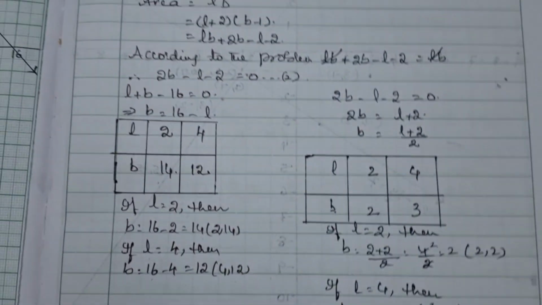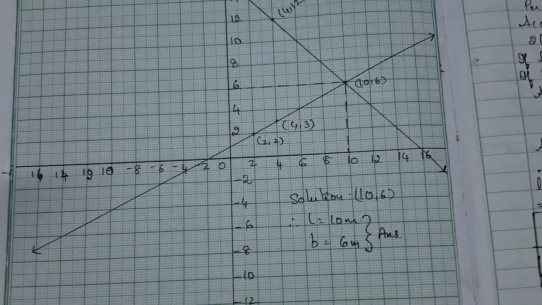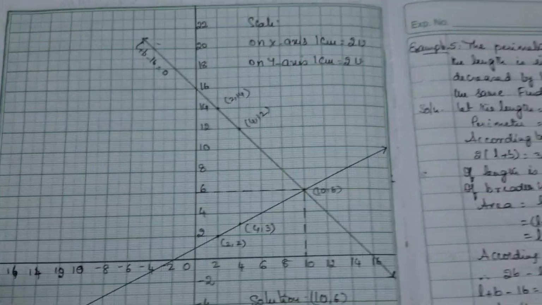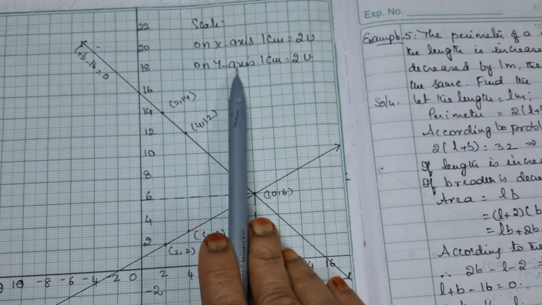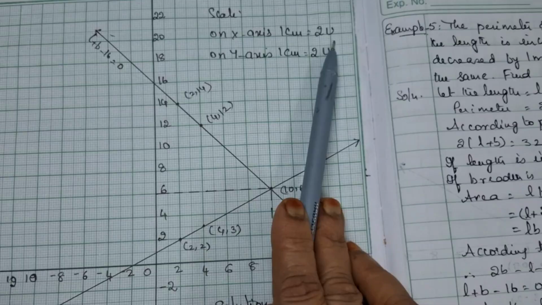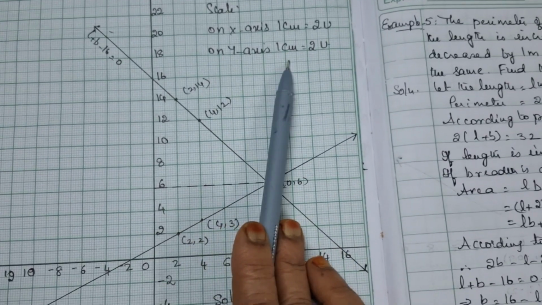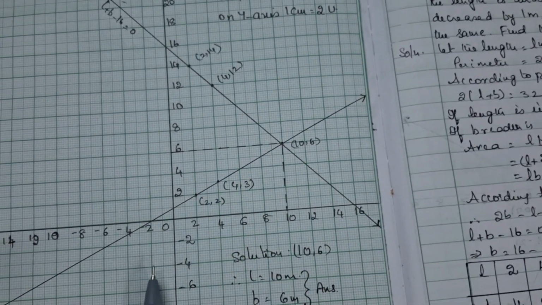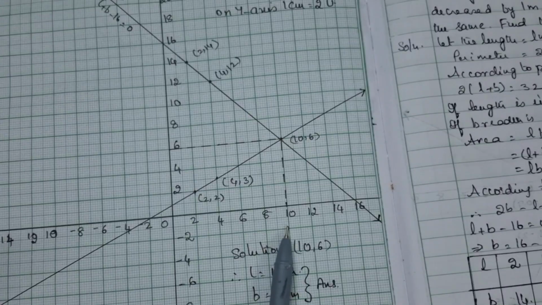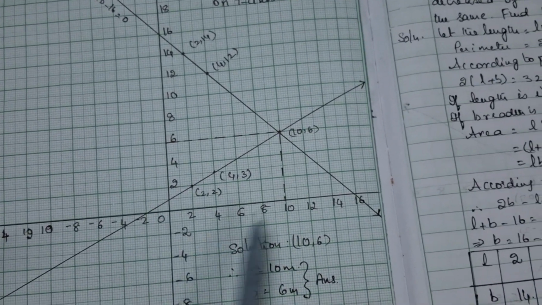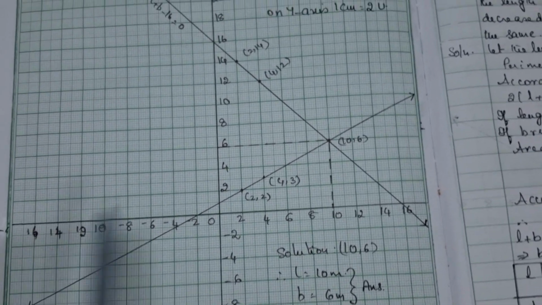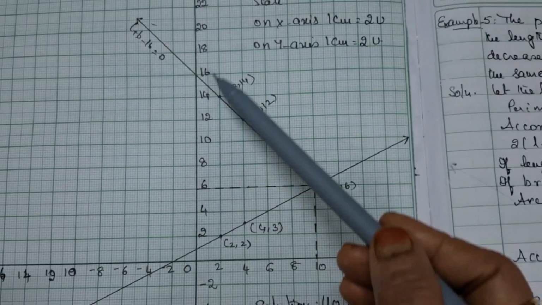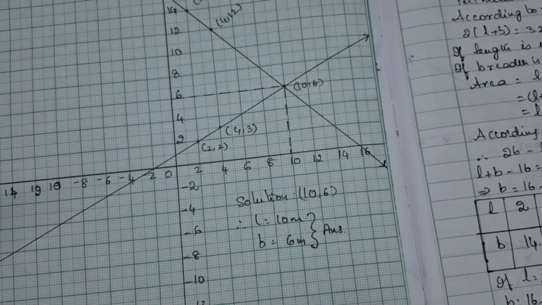So now let us see in the graph. See children, in the graph, here I have taken on the x-axis 1 centimeter as 2 units, and on the y-axis also 1 centimeter as 2 units. So 2, 4, 6, 8, 10 like that I have taken on the x-axis, and minus 2, minus 4 and so on.